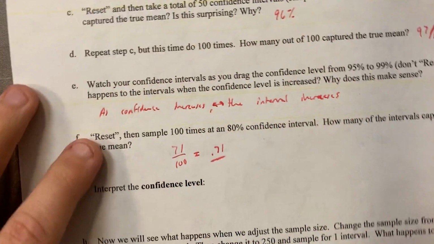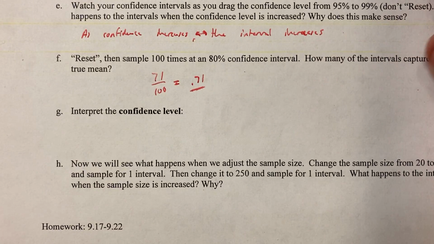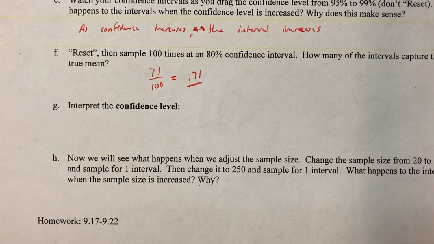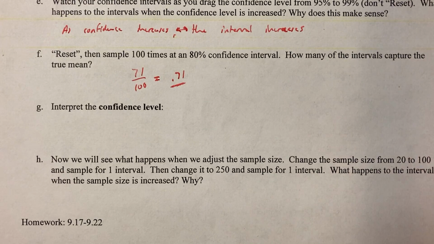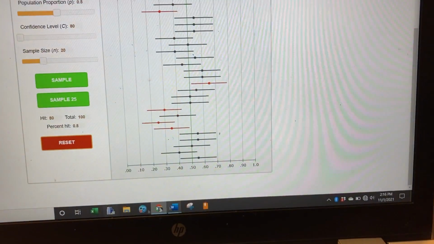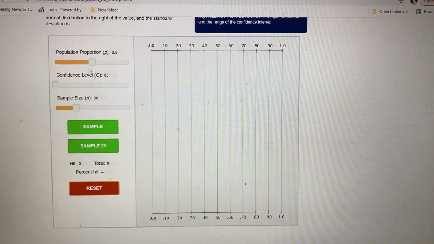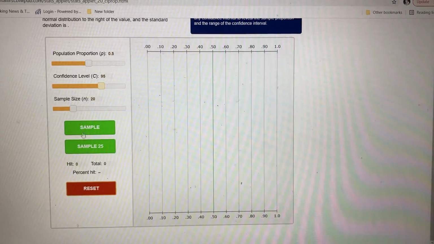Interesting. Okay. All right, now we will see what happens when we adjust the sample size. Change the sample size from 20 to 100 and do a sample, and then change it to 250 and do another sample. So let's see what happens. All right, let's reset. And we'll change this back to 95%.